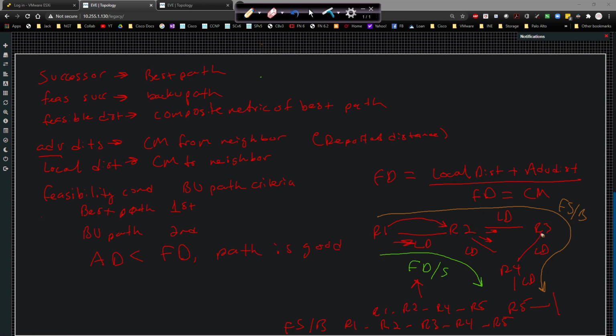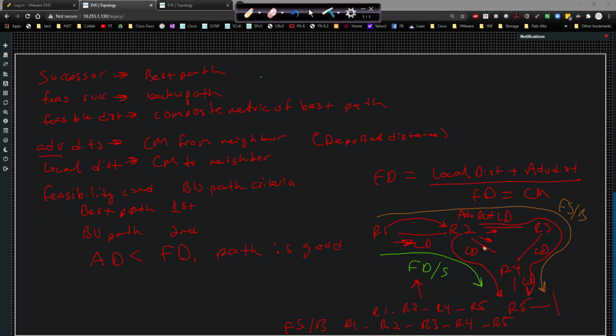R2 is going to look at R3 and R4 and R5. R2 is going to know that in order to reach R5, it'll have to have some sort of metric value, and that information will be the advertised distance. The advertised distance is how R2 will go this way or how R2 will go this way.